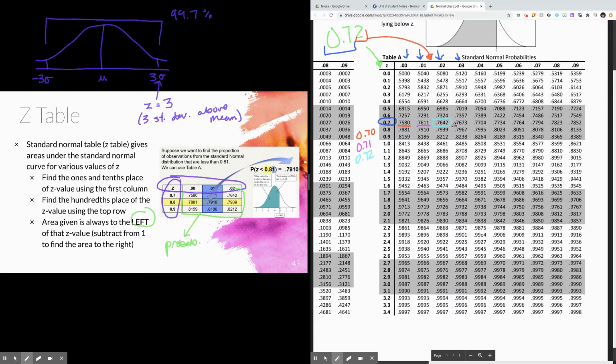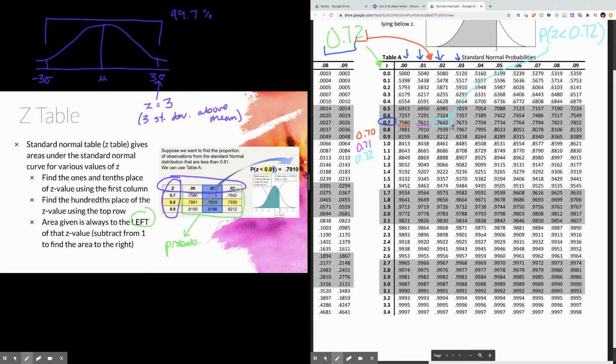This number, 0.7642, is the probability that Z is less than 0.72.